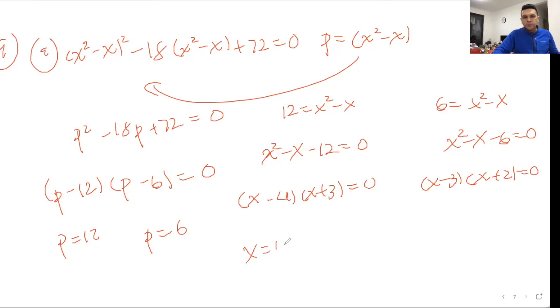So x equals 4, x equals negative 3, x equals 3, x equals negative 2. And that's it. Those are the answers.